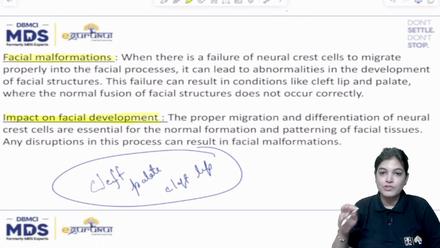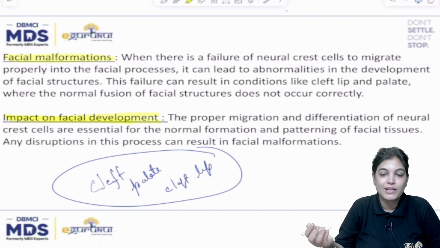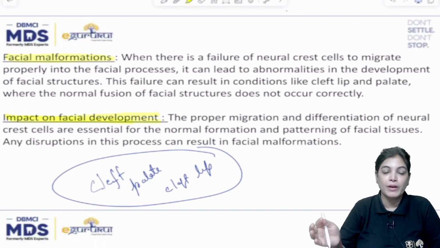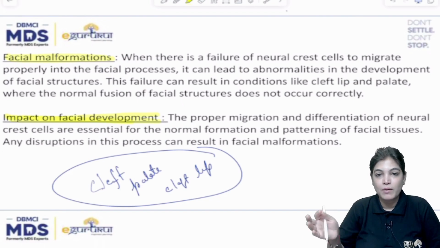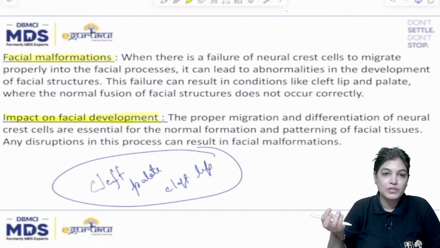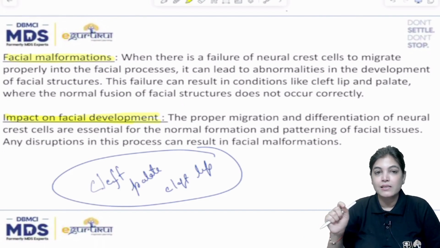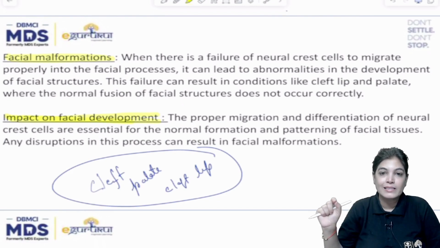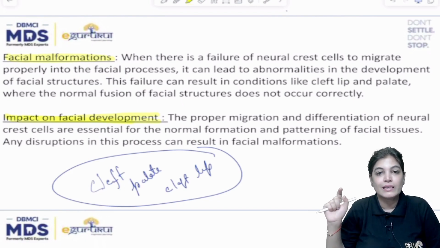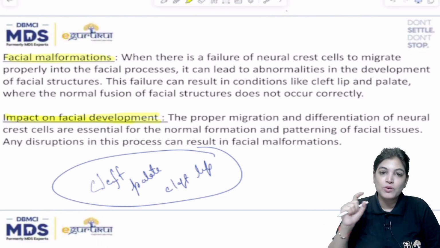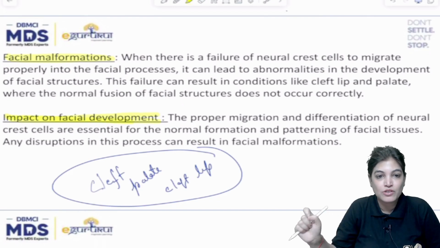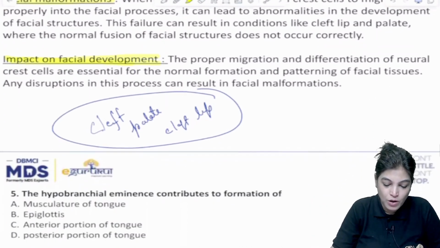Proper migration and also the differentiation of neural crest cells is required, and it's a very essential component for the proper formation and presentation of the facial tissue. If there is any disruption in the migration or differentiation of neural crest cells, there can be formation of various facial malformations. Okay, that is an important point.